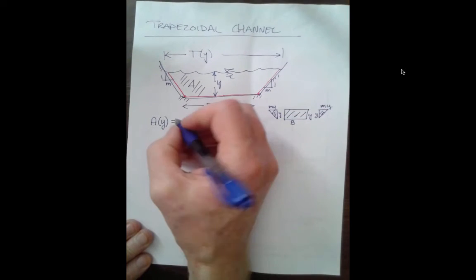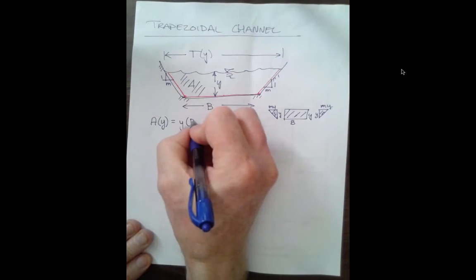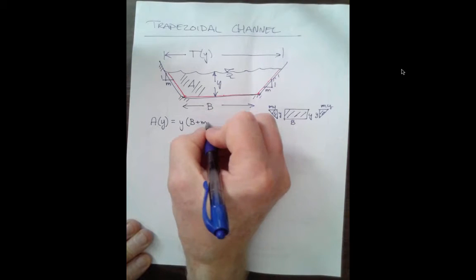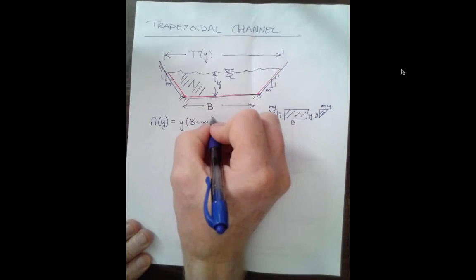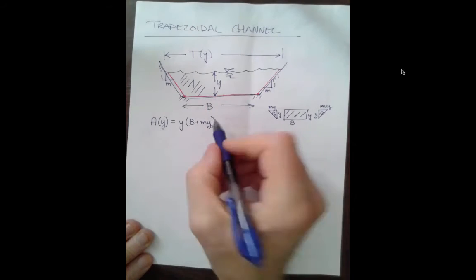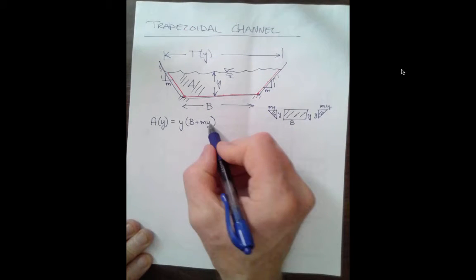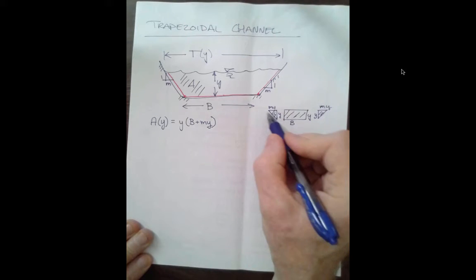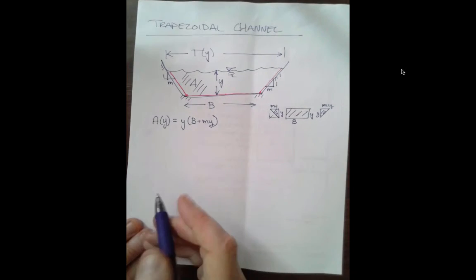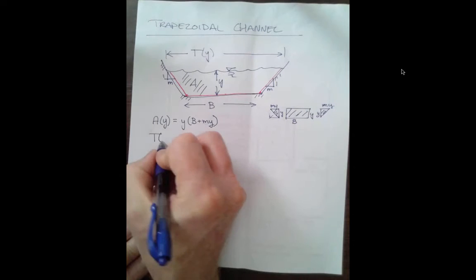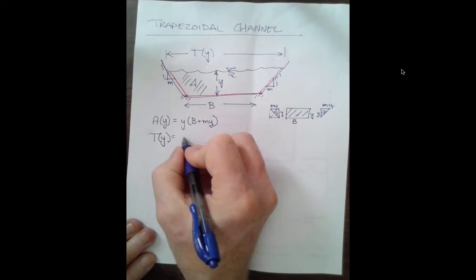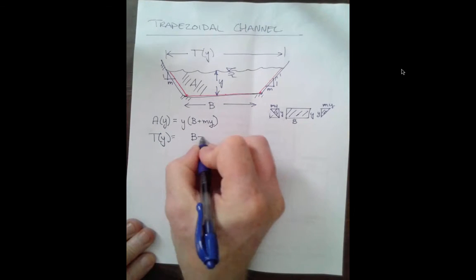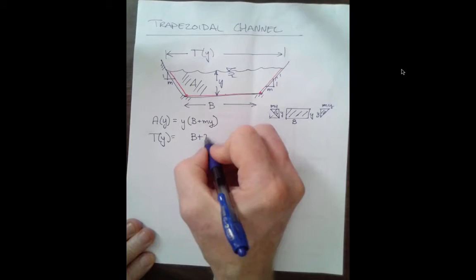And so when we assemble all that, we have y times b plus my. Now the reason we have my instead of my over 2 is because that triangle plus that triangle just makes another rectangle. Top width as a function of y is b plus, well, there's an my and an my, so 2my.